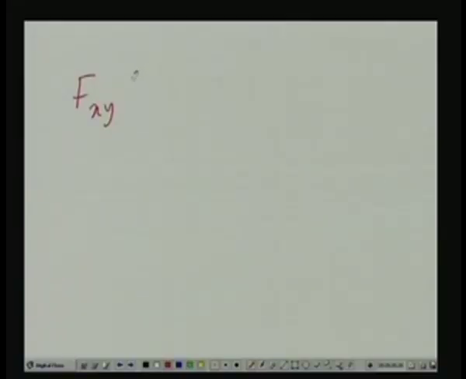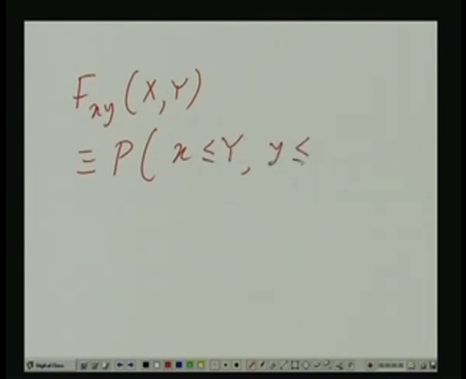If that be so, then what happens to the joint probability distribution f x y? After all, this is nothing but the probability of x less than or equal to capital X and y less than or equal to capital Y. We can easily extend the previous argument.